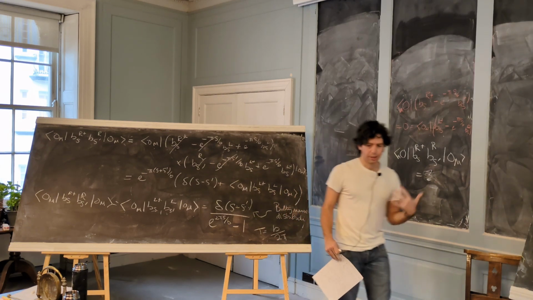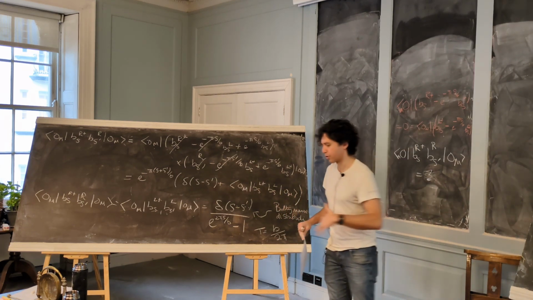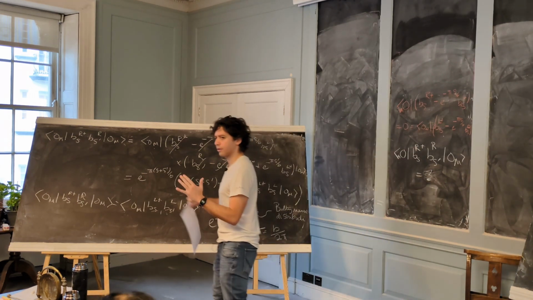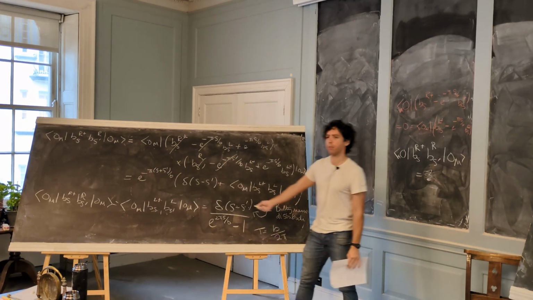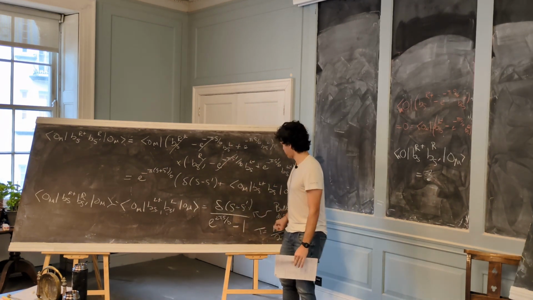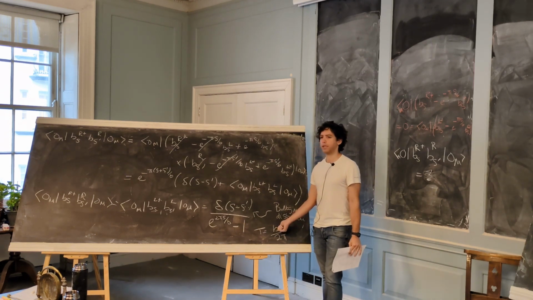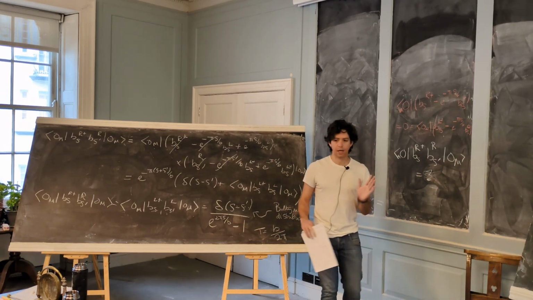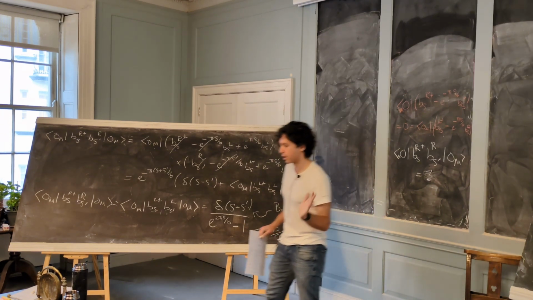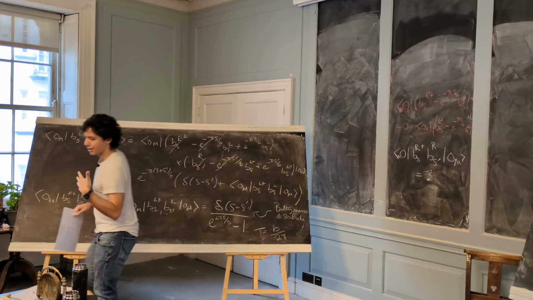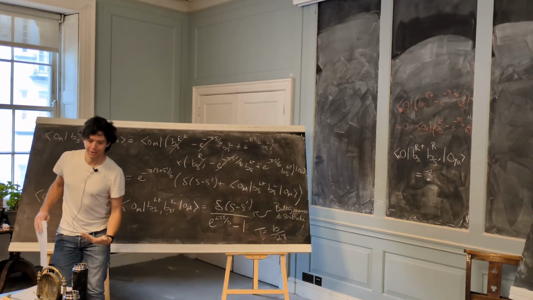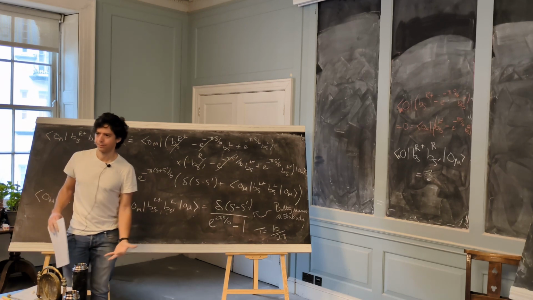And therefore, an observer that measures things in these slices would notice a thermal population of particles. And the thermal population of particles is related to this b, which, as we said, was the local acceleration of an observer at x equals 0. So that is the local acceleration that you would feel at the horizon.